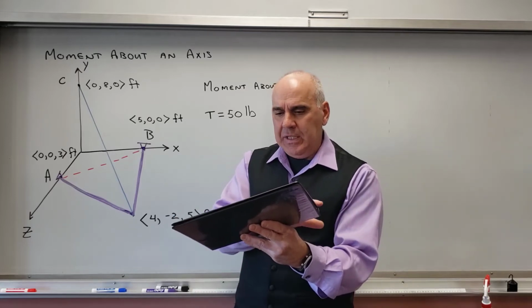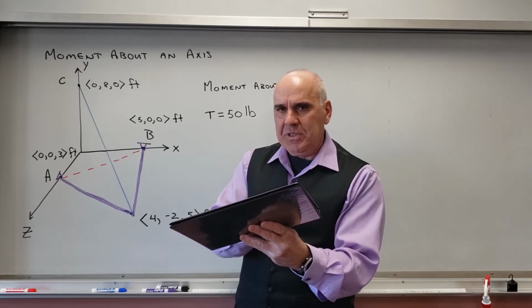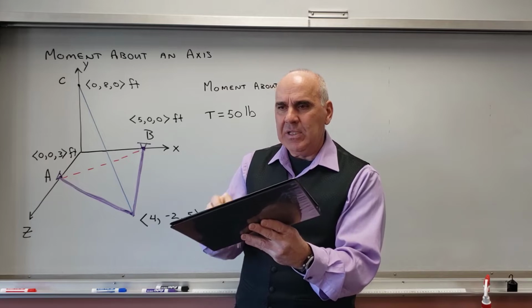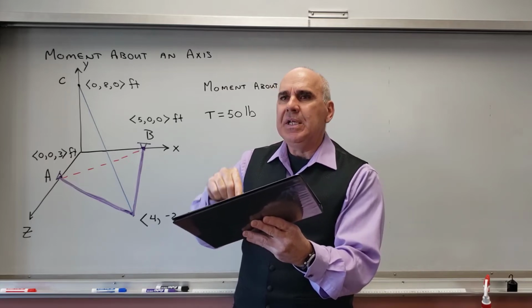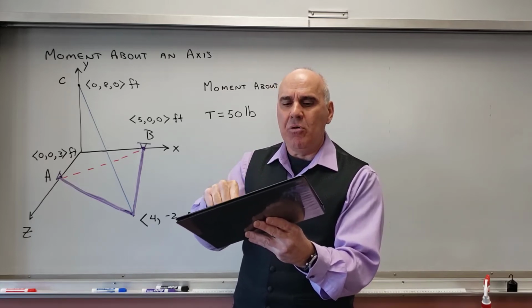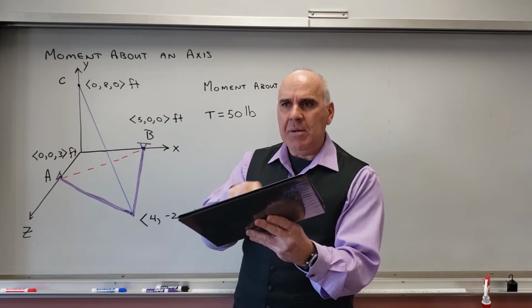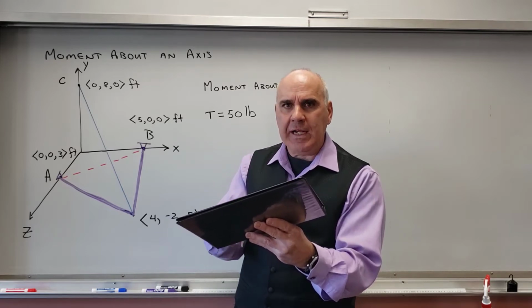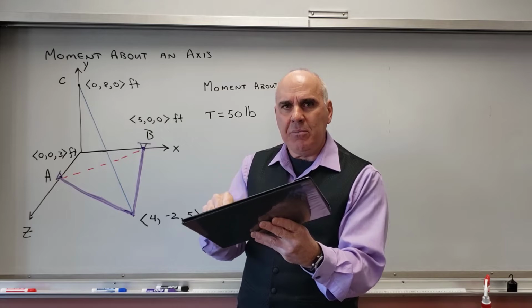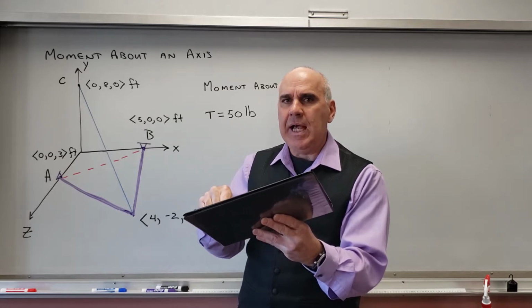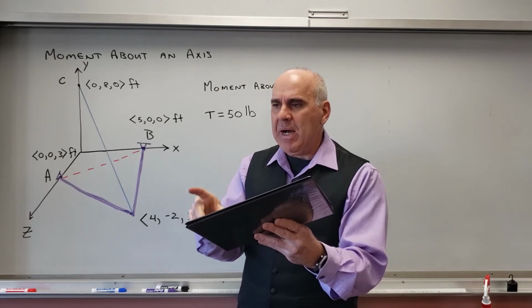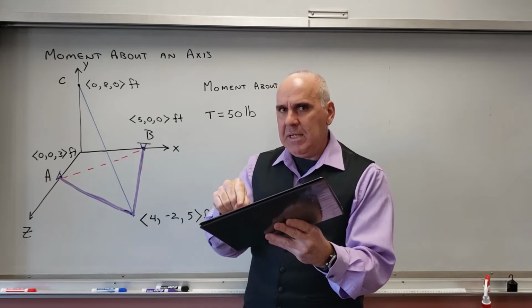So if I want to know the moment about the axis, what I want is the component of the moment along the axis, the component of the moment parallel to the axis. But we've done that before.